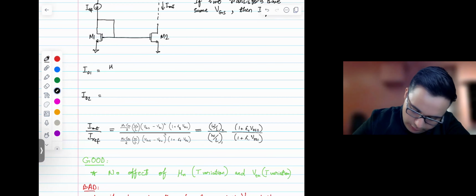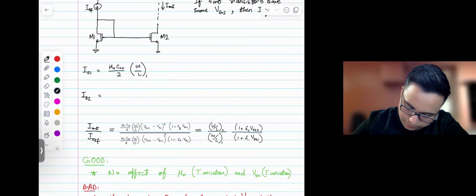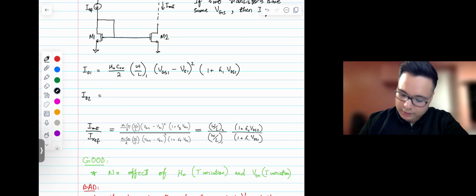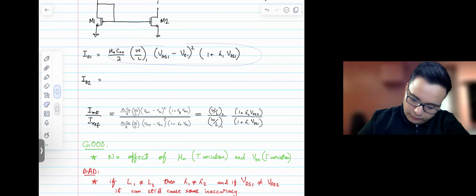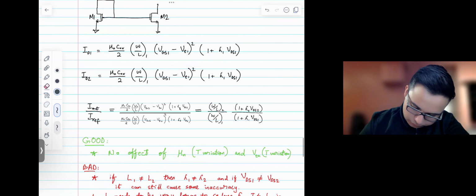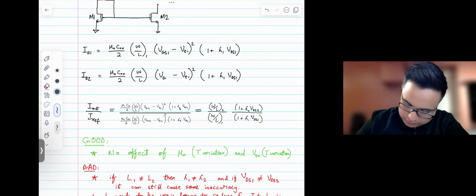So here it would be mu n Cox by 2, W by L 1, VGS1 minus VT1 squared, times 1 plus lambda 1 VDS1, and it would be the same for M2, except all the subscripts would be 2 now.